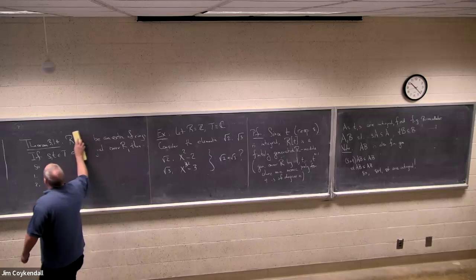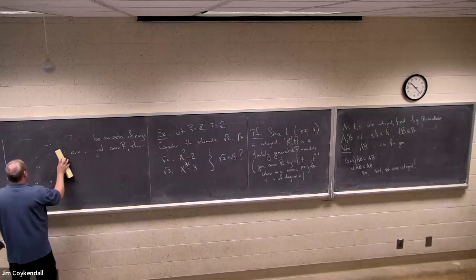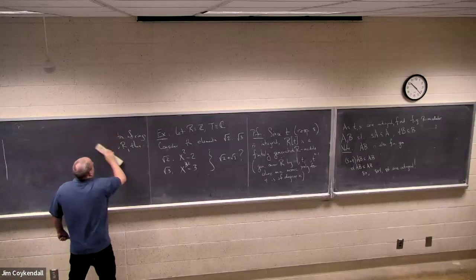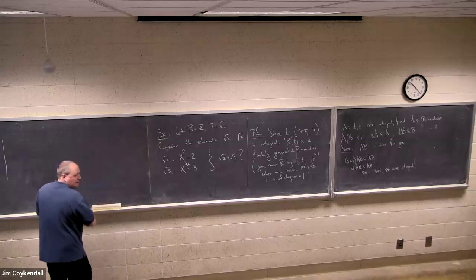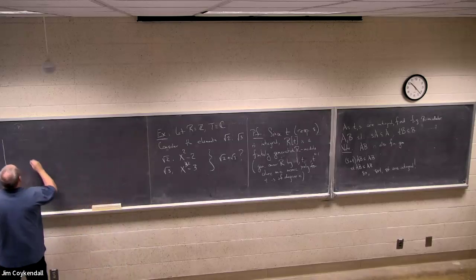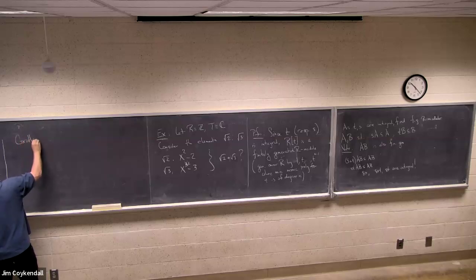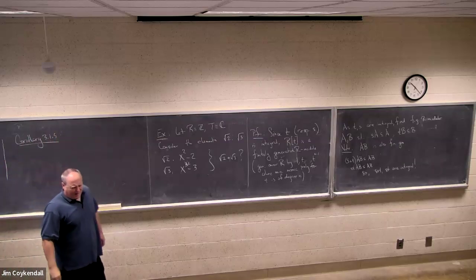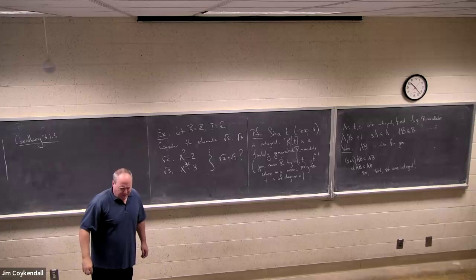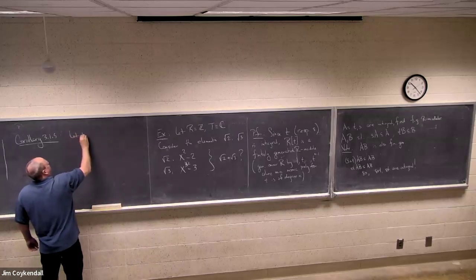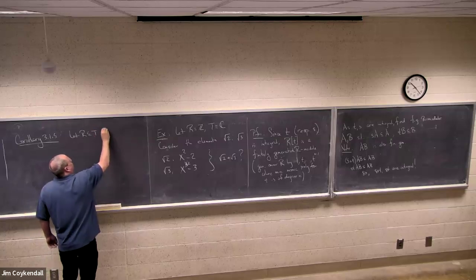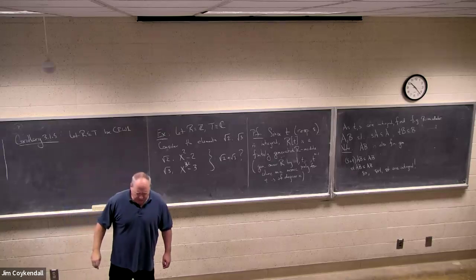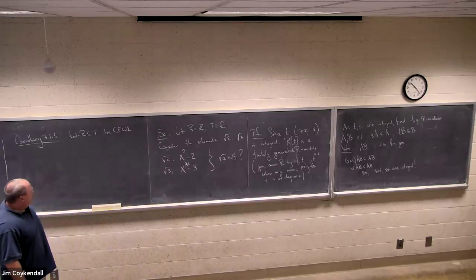Okay. Here's a corollary that's very important. Corollary. Let R inside T be an extension of rings. Then I'm going to build this new ring, and I'm going to use the following notation.